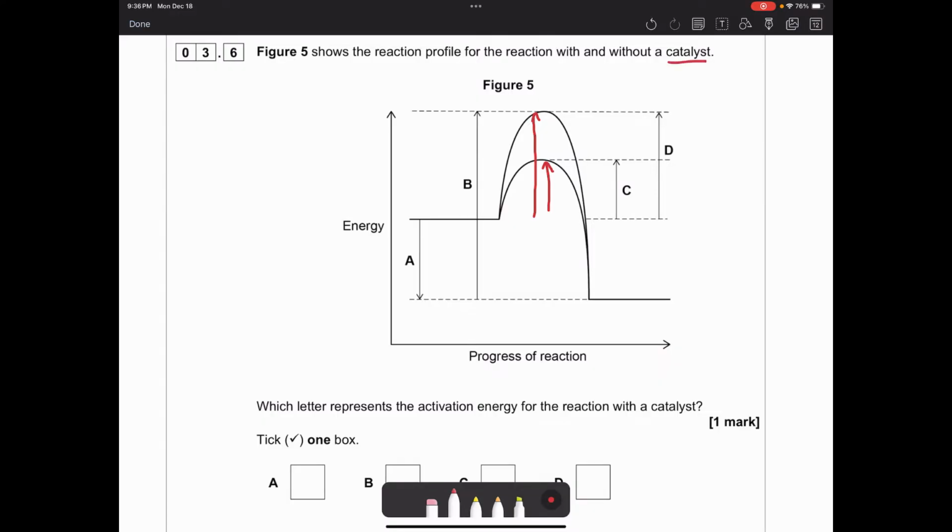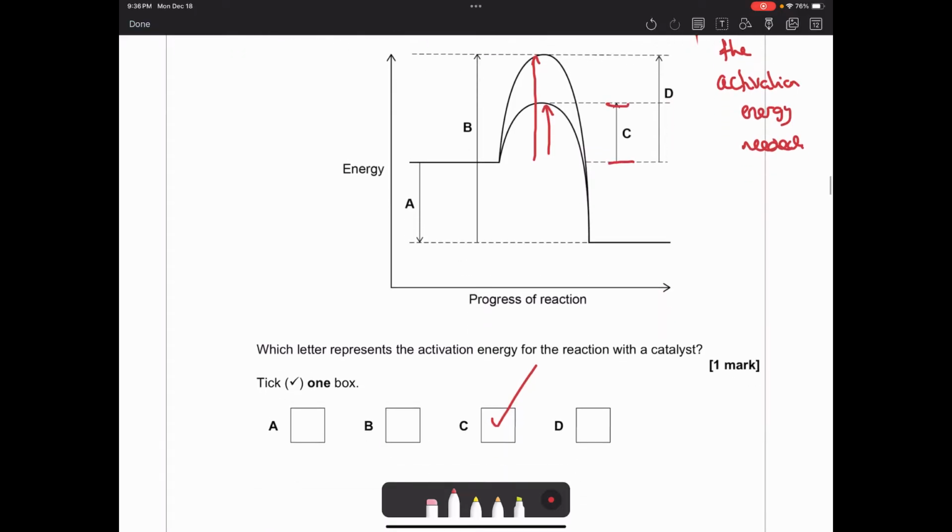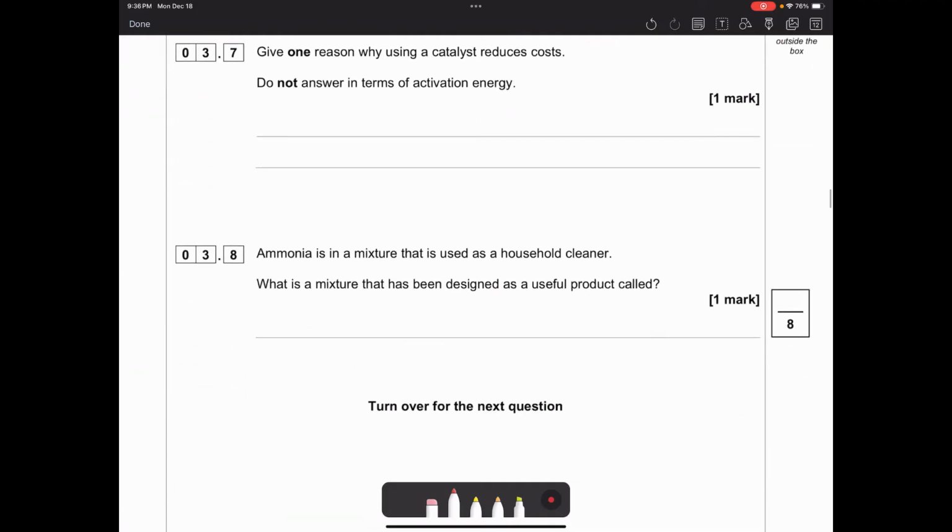Well, what we should remember is that a catalyst reduces the activation energy needed. So therefore, a catalyst is likely to be C because it's reducing the amount of activation energy needed. With D, if it didn't have a catalyst, those particles would have to have a lot more energy in order to react. But with a catalyst C, the activation energy gets lower.